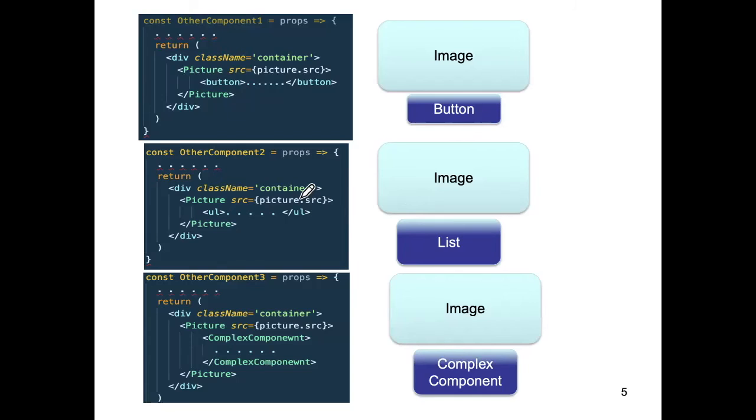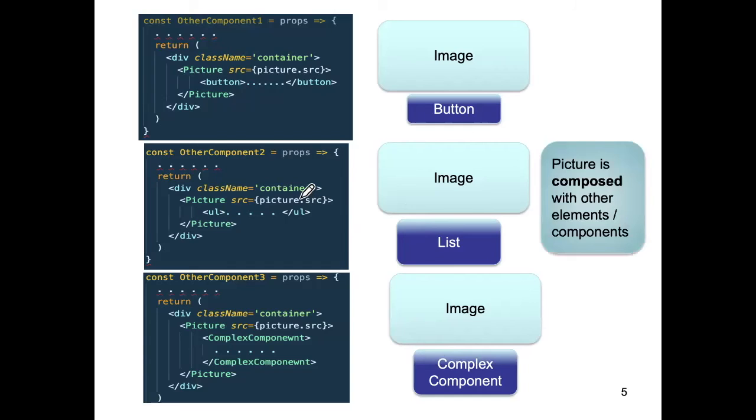Here, and on the top right, we're composing a button with an image, then a list with an image, and thirdly, we're composing a complex component with the image. So picture is composed, and so on. You can read that yourselves. And this is essentially an example of the container. The container in this case is picture, as I said.